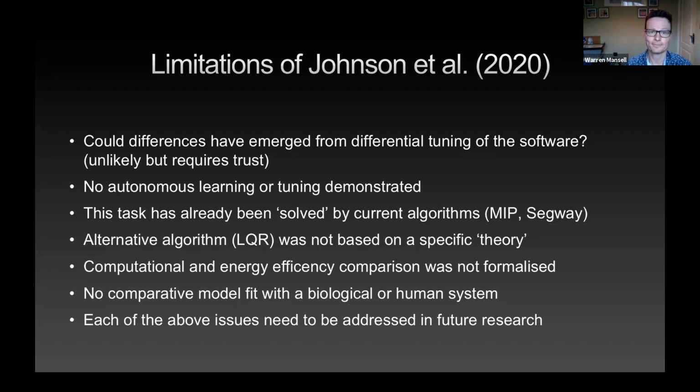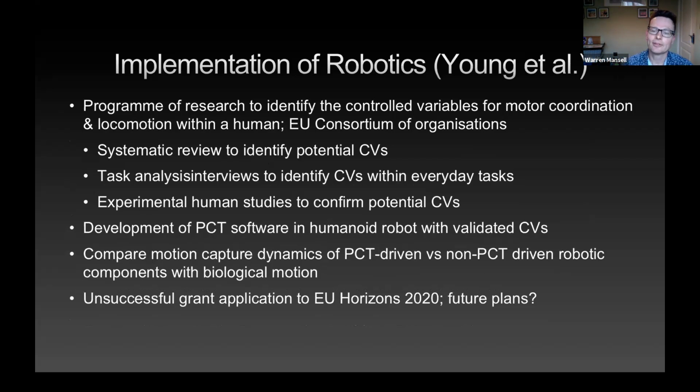And part of the way we plan to do that was a piece of work that Rupert initiated with a really elegant consortium of software and AI groups across Europe. The idea was to use psychology studies and research to identify the controlled variables of human motor control and locomotion.